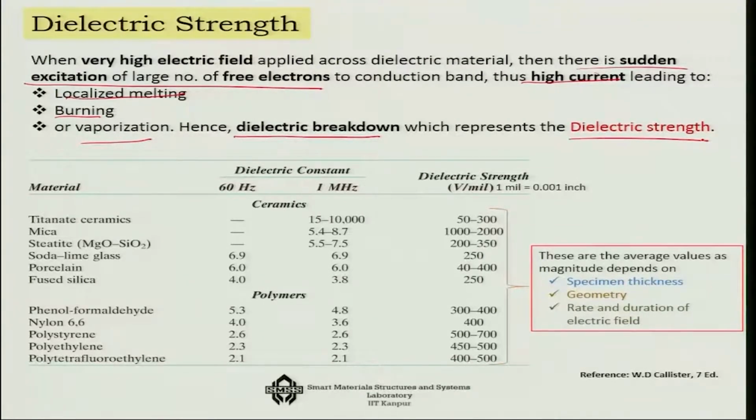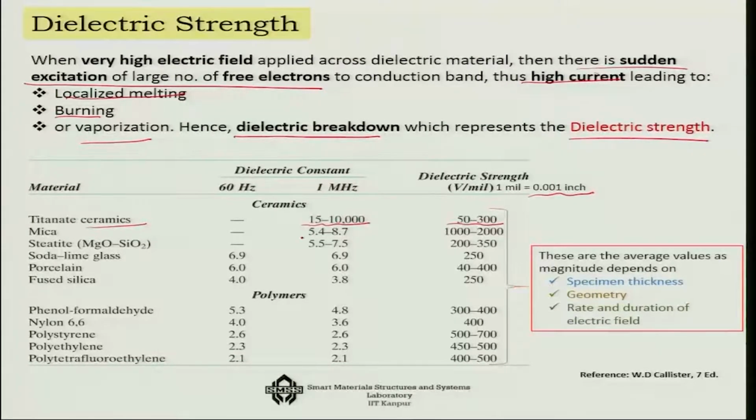For many common insulating materials, like titanate ceramics, the dielectric constant is 15 to 10,000 at 1 megahertz, and the dielectric strength is about 50 to 300 volts per mil, where 1 mil is 0.001 inch. It is still the kind of British unit which is used here.